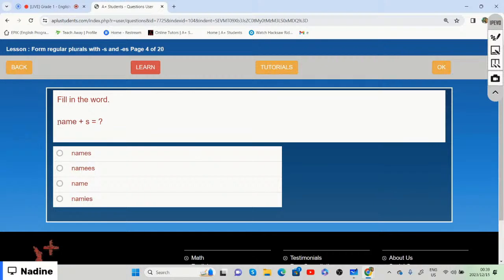So name, right? Name, it's like giving one name, but we add the S, right? So one name, if we add the S to show that there's more than one, then we would say, is it names, namies, name, or namies?